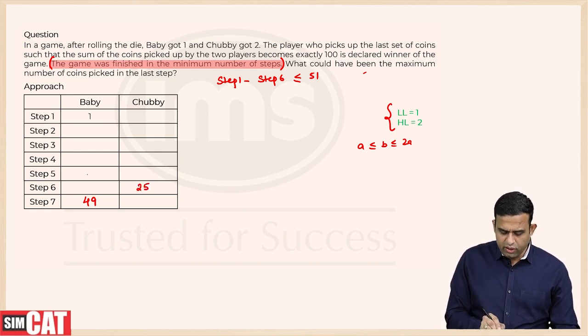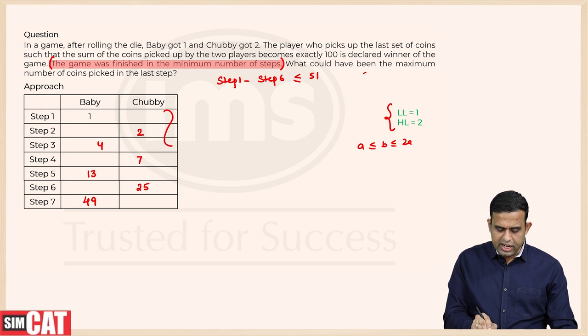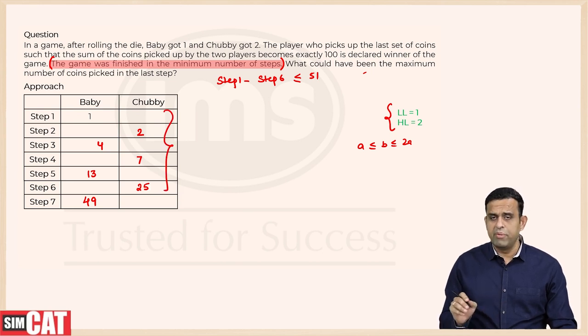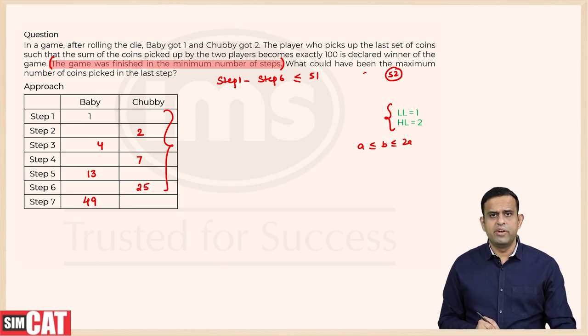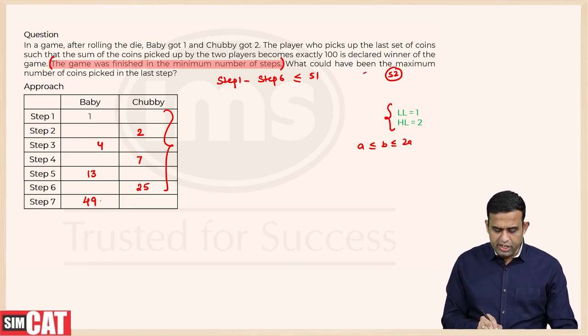And similarly, all this will become 13, then 7, then 4, then 2. Again, one can notice that this sum is coming out to be a minimum of 52, and I wanted less than or equal to 51. What does that mean? 49 as a max value in step number 7 is also not possible.